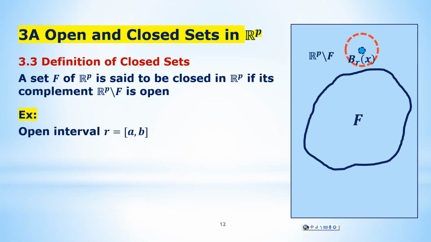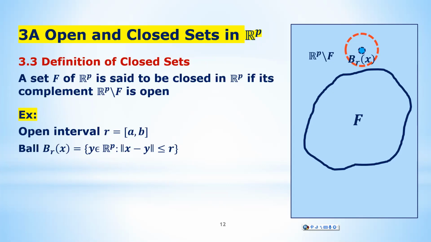Some examples are the closed interval. Sorry, there's a mistake. There's a lot of things to correct. I mean, the closed interval is a closed set. Or the ball with the equal sign involved. Previously, when we defined B_r(x), we did not use the less than or equal sign, only strict inequality.